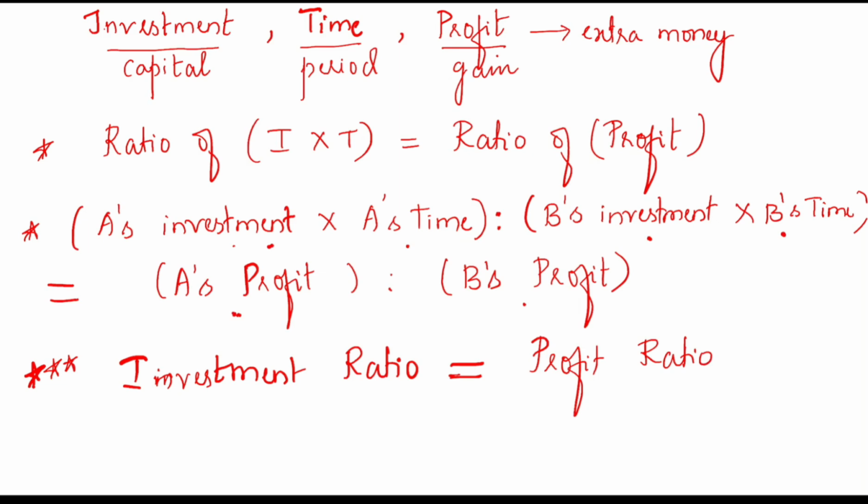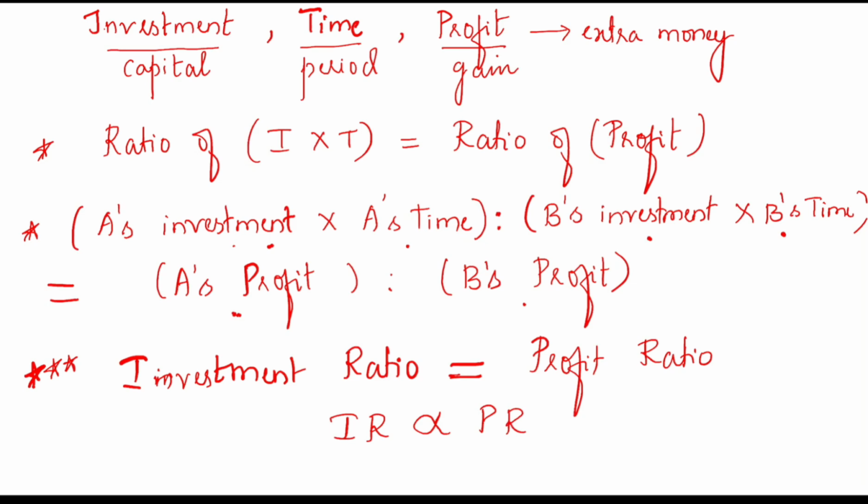Investment ratio is always equal to profit ratio, or you can say investment ratio is directly proportional to profit ratio. This means that whatever investment we make, we get profit in proportion to that investment.